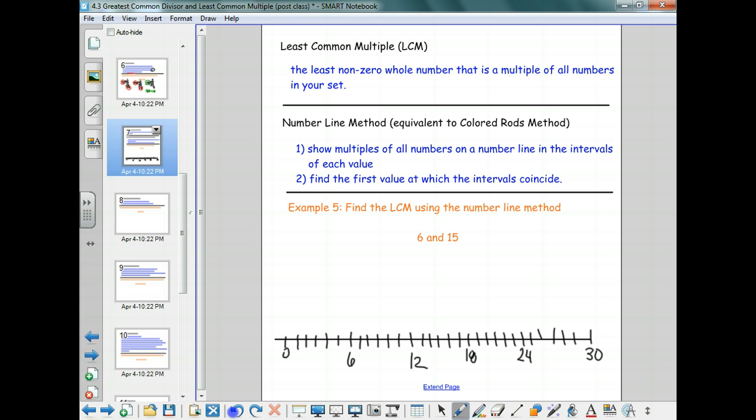I'm cheating because I know how long I want it, but you can do this indefinitely, okay? So I went out to 30.